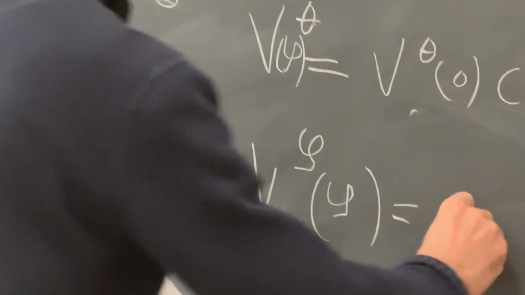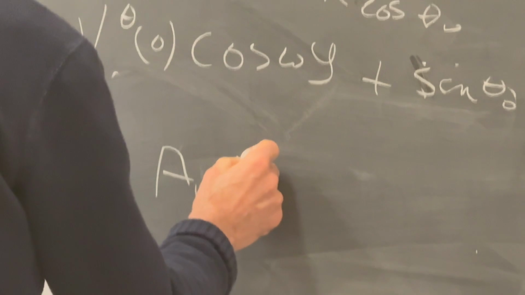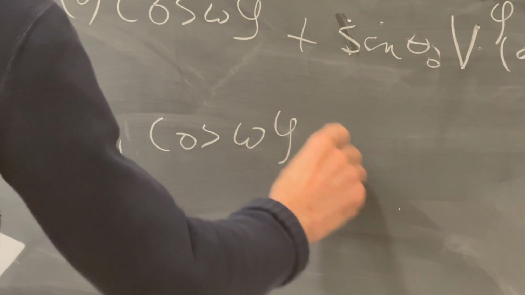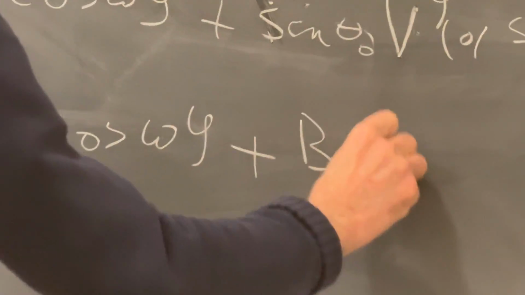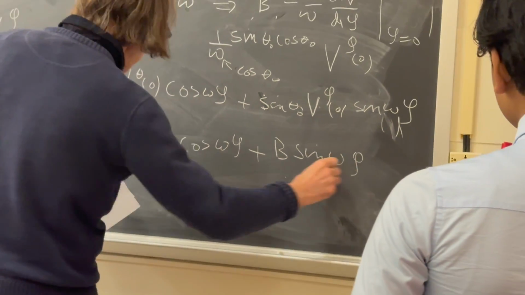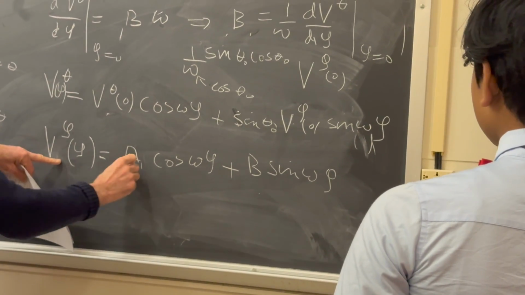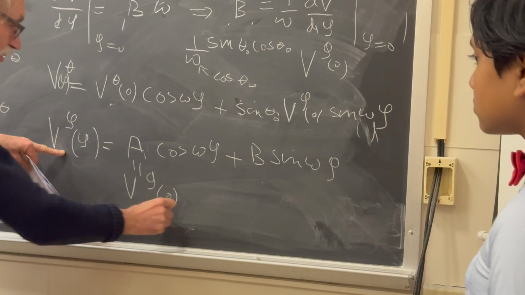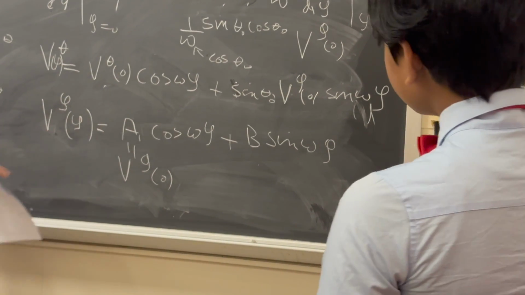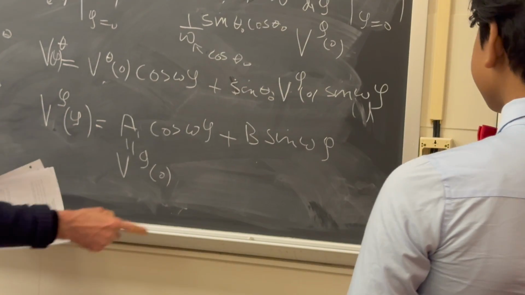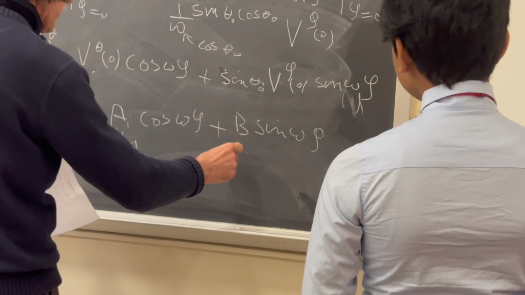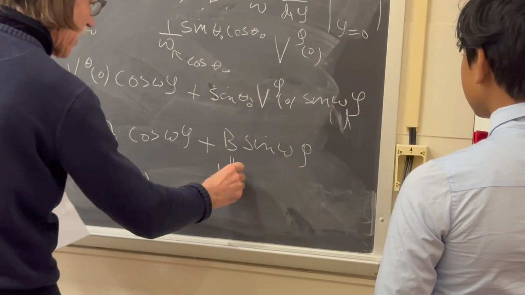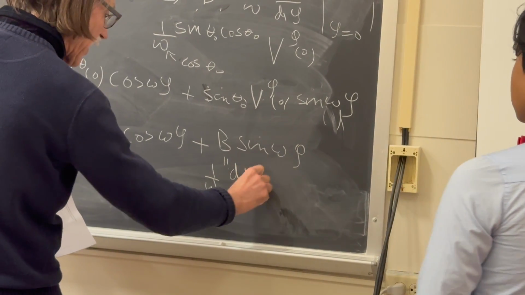A and A is different. Cosine of omega phi plus b times sine of omega phi. And now at phi equal to 0, so this is equal to v phi at 0. Do you see that? And this again becomes the derivative. So this again, for the same reason, 1 over omega d v phi d phi.